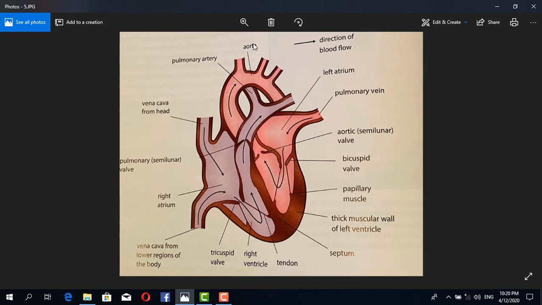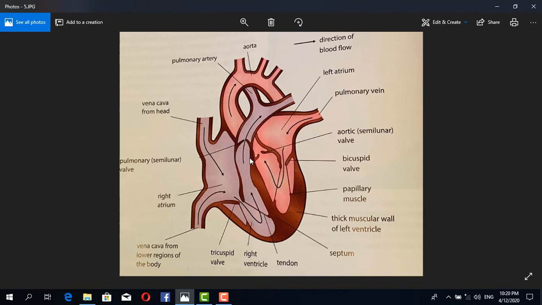Look over here. This is the aorta, this is the pulmonary artery, this is the left side. It's always the opposite of ours. So this is the left side, this is the right side. This is the left atrium. The chambers on the top are called atria, and those in the bottom are called ventricles.